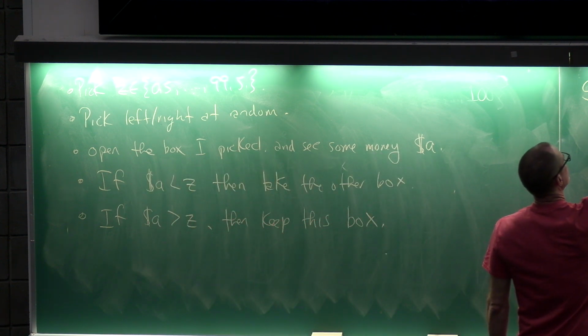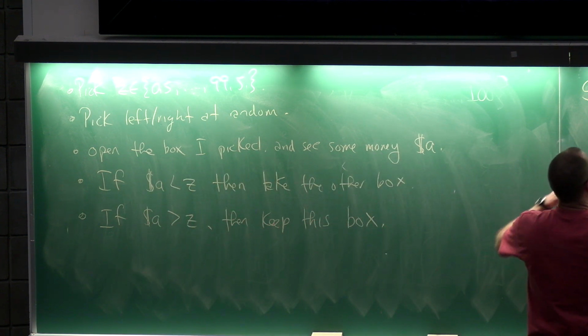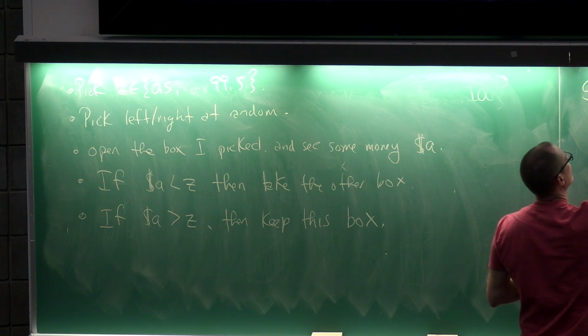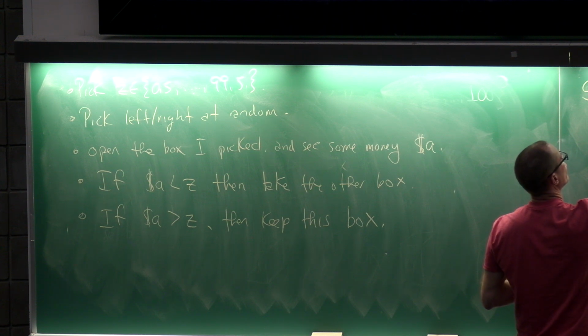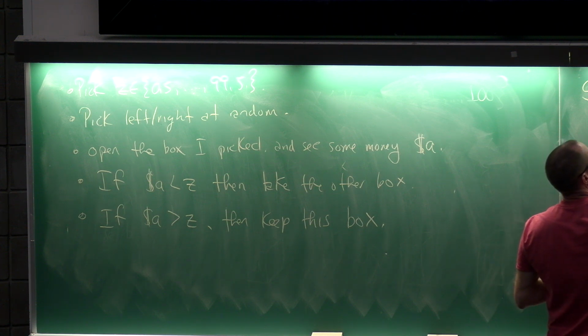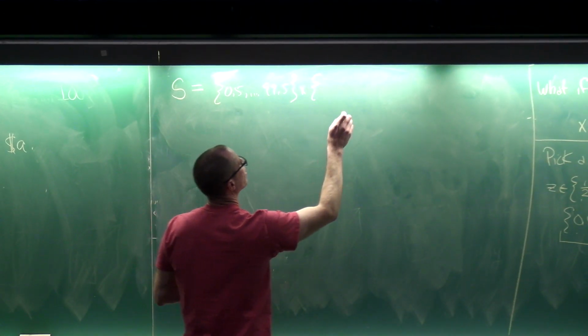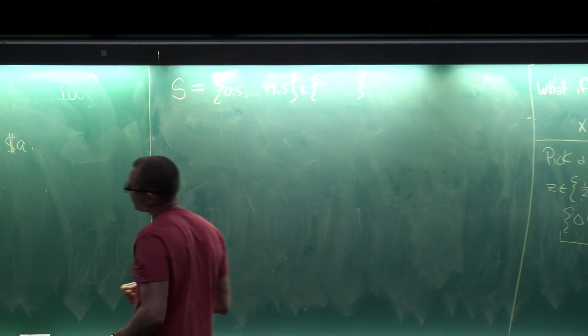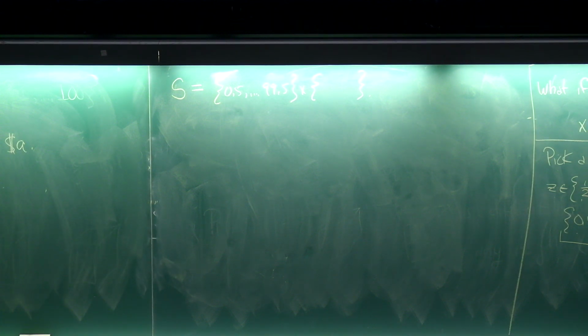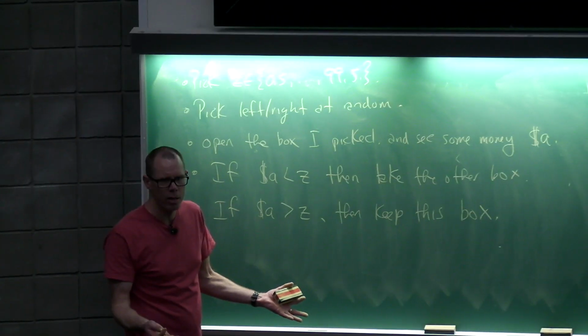So the set S looks like, let's say, 0.5 up to 99.5 times, and instead of saying I pick left or I pick right, what happens is when I pick that thing, I open it up and I see some money inside the box.